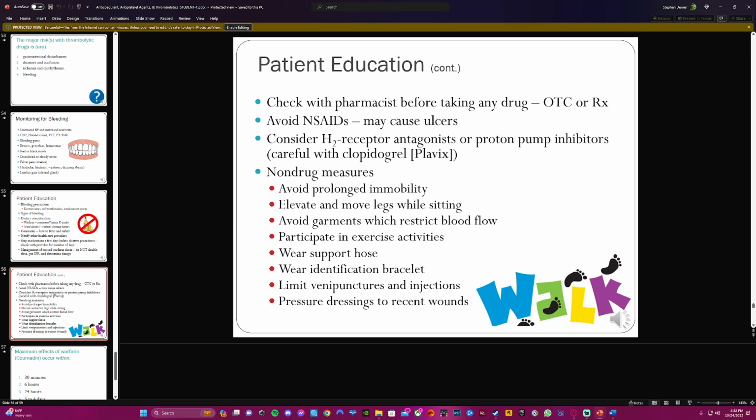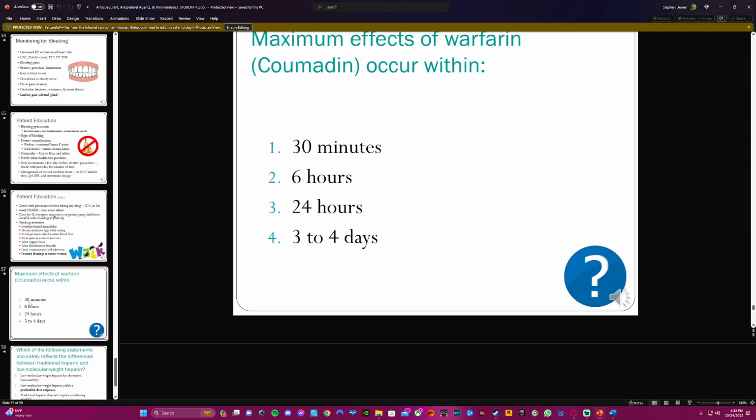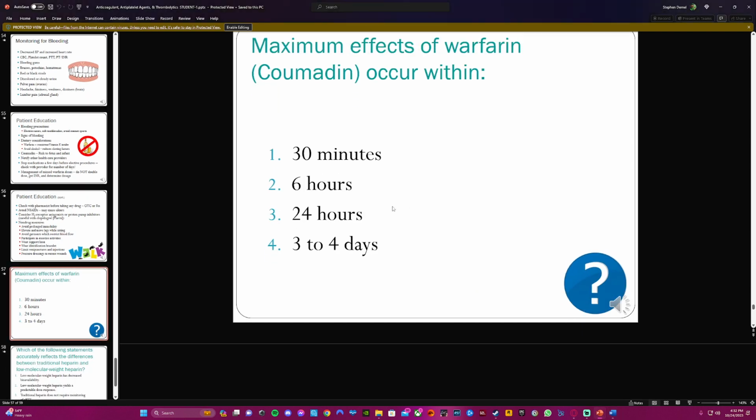Non-drug measures are to avoid prolonged immobility, elevate and move legs while sitting, avoid garments which restrict blood flow, participate in exercise activities, wear support hose, wear an identification bracelet, limit venipunctures and injections, and apply pressure dressings to recent wounds. The maximum effects of warfarin or Coumadin occur within 3 to 4 days.